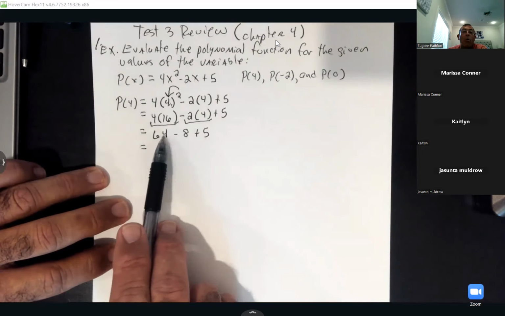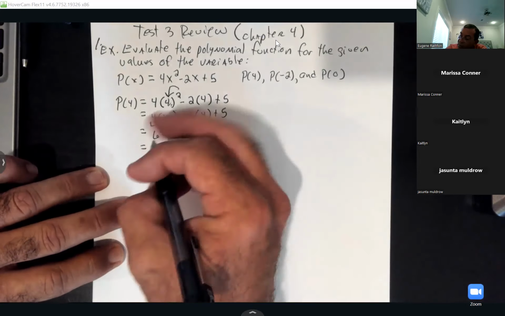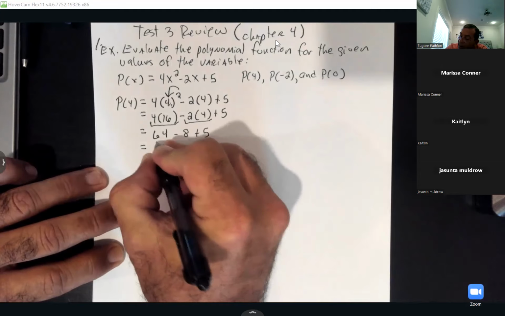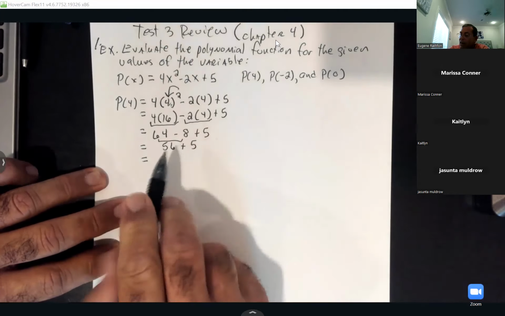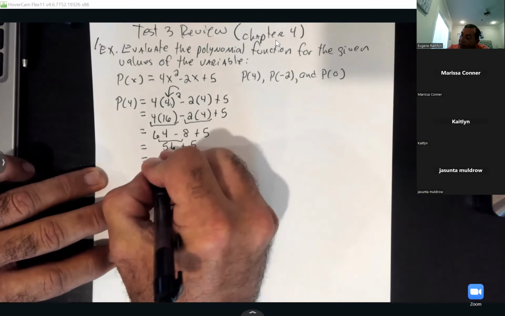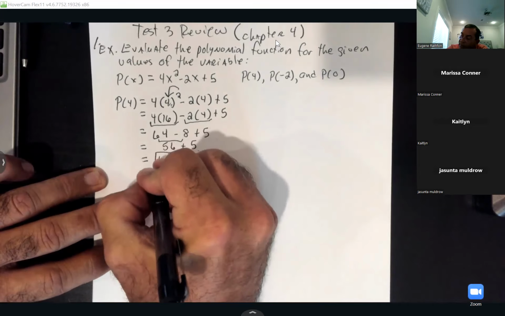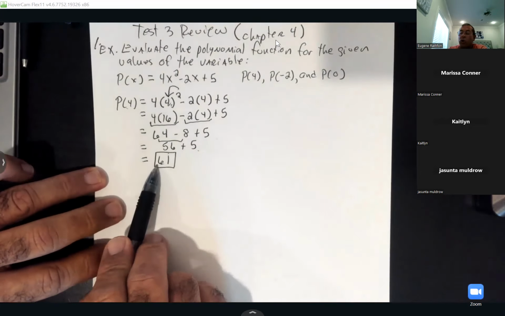So 64 minus 8 is 56. If you want that extra step in there, I'm going to subtract those 2 first. Then I'll take that 56 plus 5, and that'll give me a 61. So P of 4 equals 61.